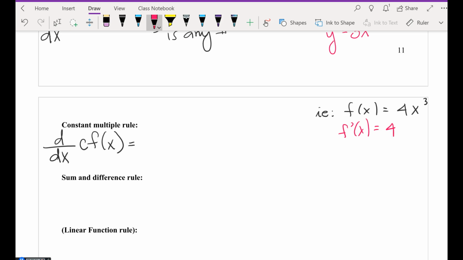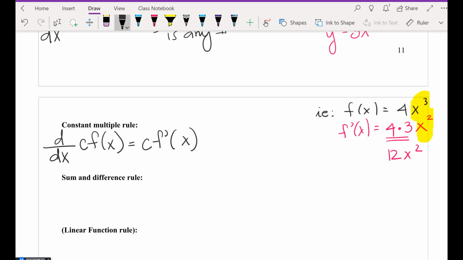You're going to keep the 4, you're going to take the 3, bring it down, and then you subtract the power. So 3 minus 1 is now 2. So that's why this is 12x squared. Okay, so based on the rule that we have, it equals c times f prime of x. So we did x to the third normally as a normal derivative. Would you guys agree?